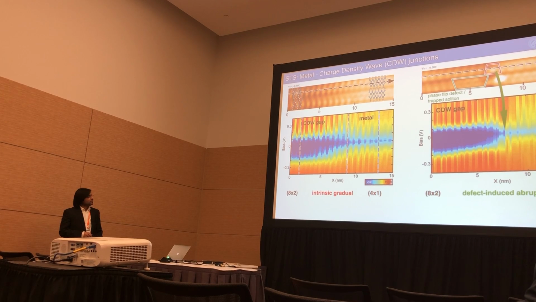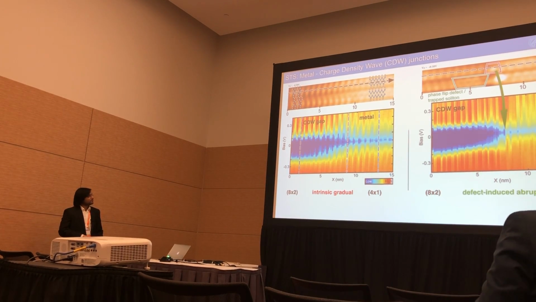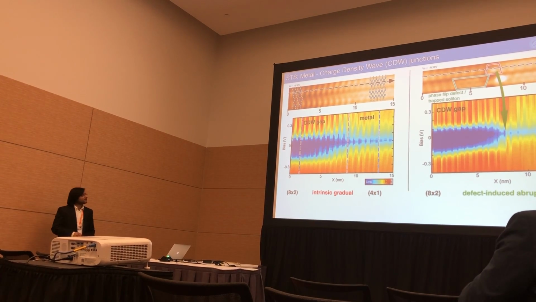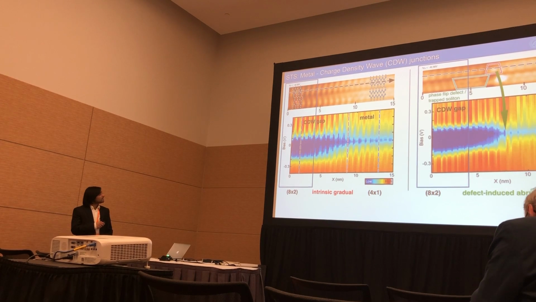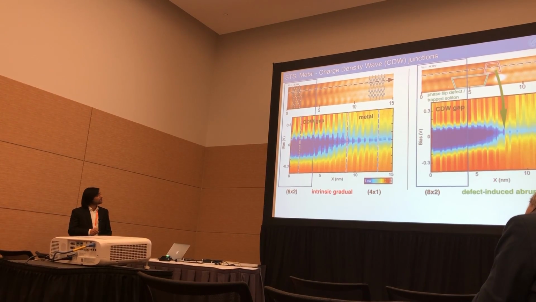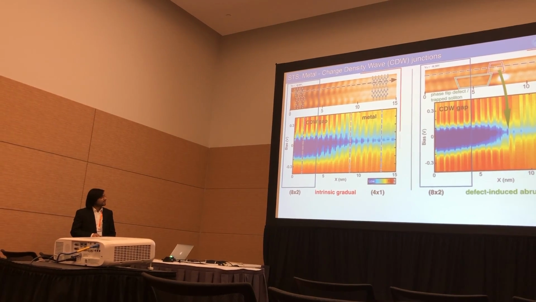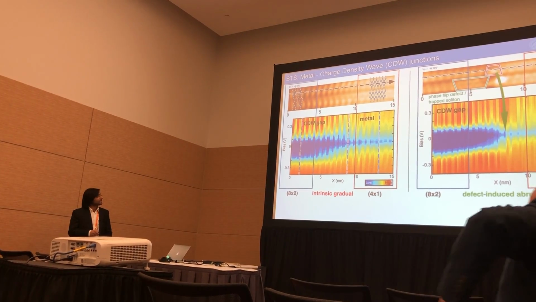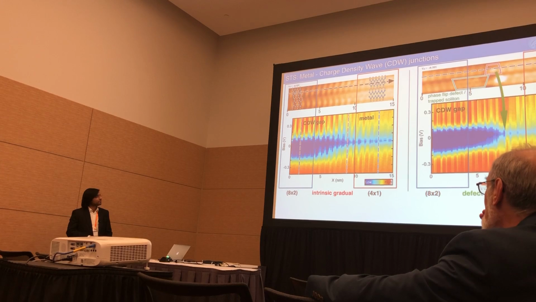For example, I want to separate these two scenarios here. This is the 8x2 oval-shaped protrusions experienced in both kinds of structures. Next, this is the 4x1 phase which comes with the one-anode periodicity in both structures.